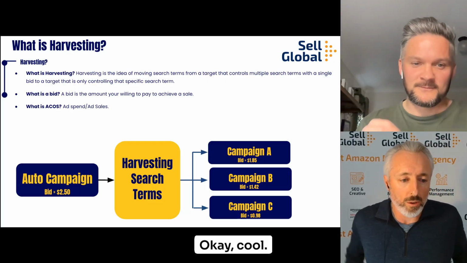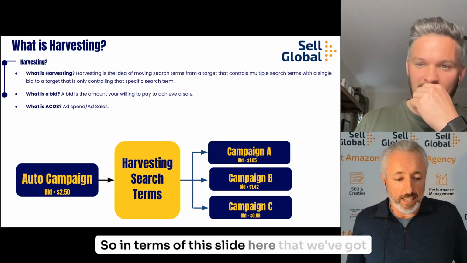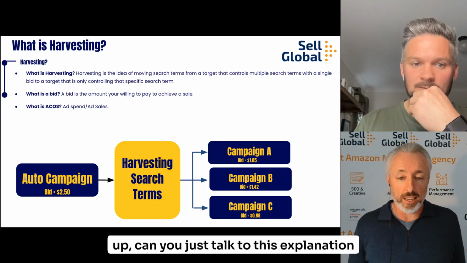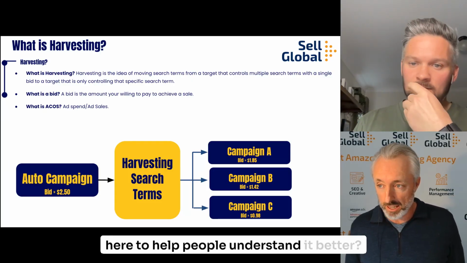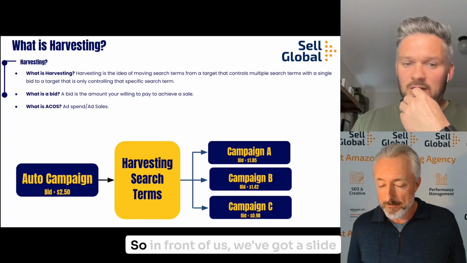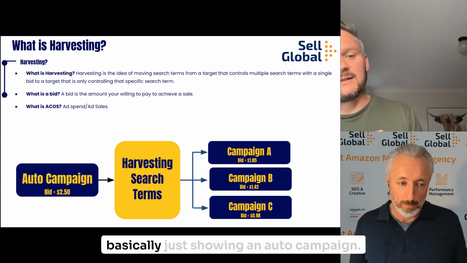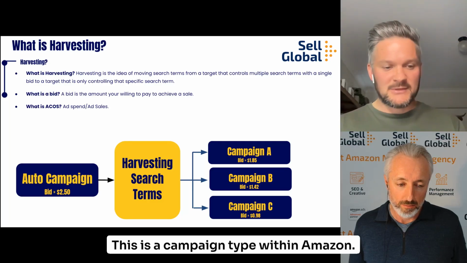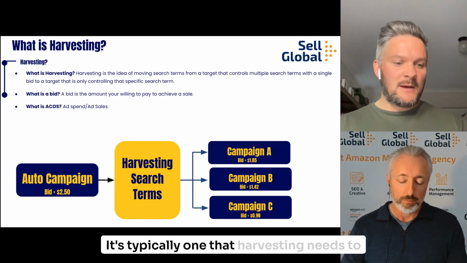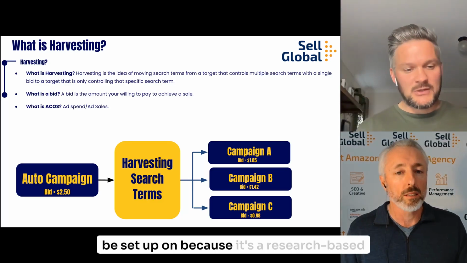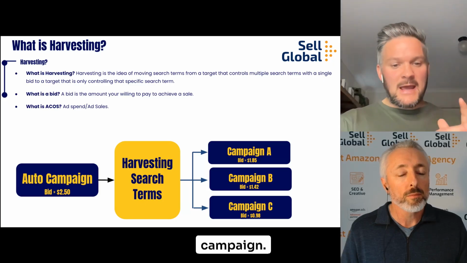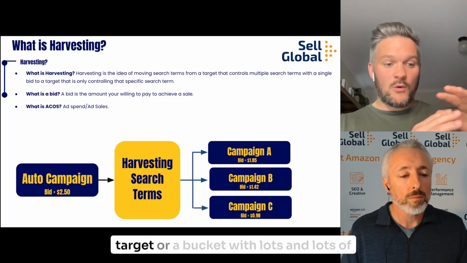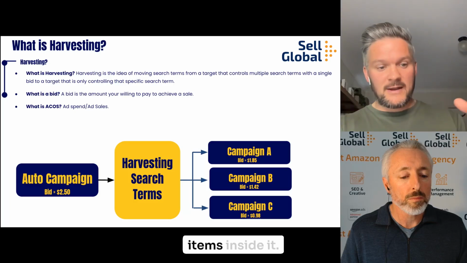Okay, cool. So in terms of this slide here that we've got up, can you just talk to this explanation to help people understand it better? Cool. So in front of us, we've got a slide basically just showing an auto campaign. This is a campaign type within Amazon. It's typically one that harvesting needs to be set up on because it's a research-based campaign. And in that auto campaign, it will have a target or a bucket with lots and lots of items inside it.